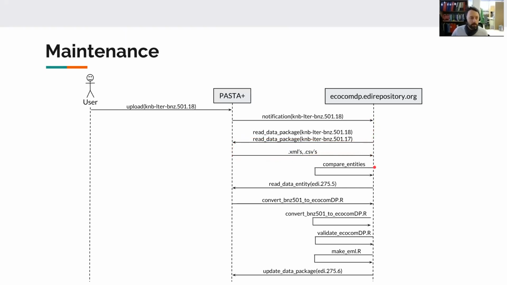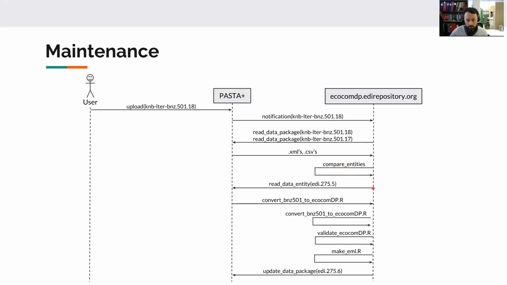Then a comparison is made to see if the data entities have changed in format or in ways in which the conversion script may break, and if any substantial changes have been made, then those are written to the log file, and it errors out at that point, and then the maintainer goes and ameliorates the situation. But if everything works fine, the entities are pretty much the same as they were before.